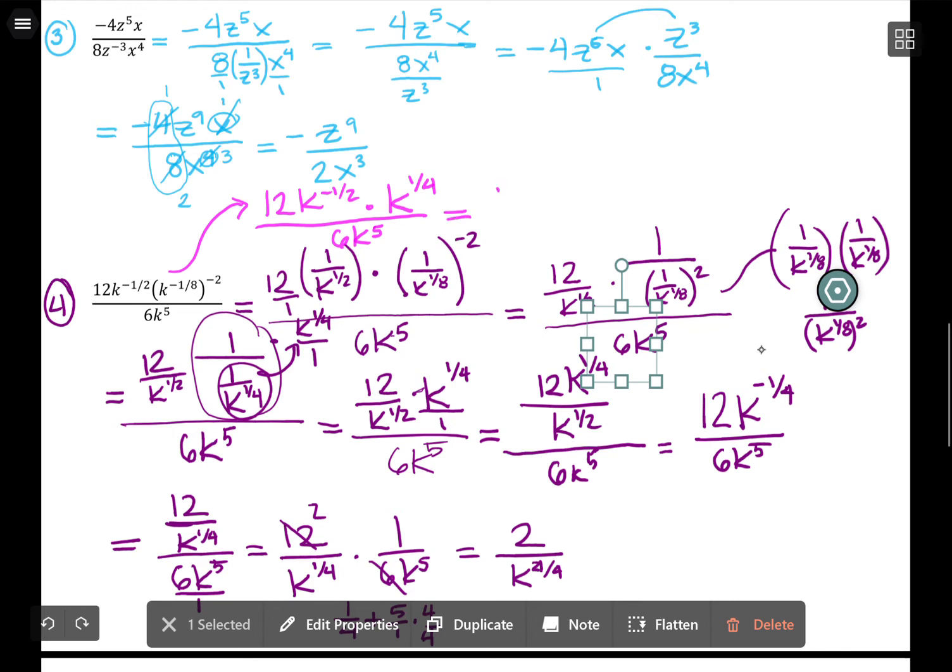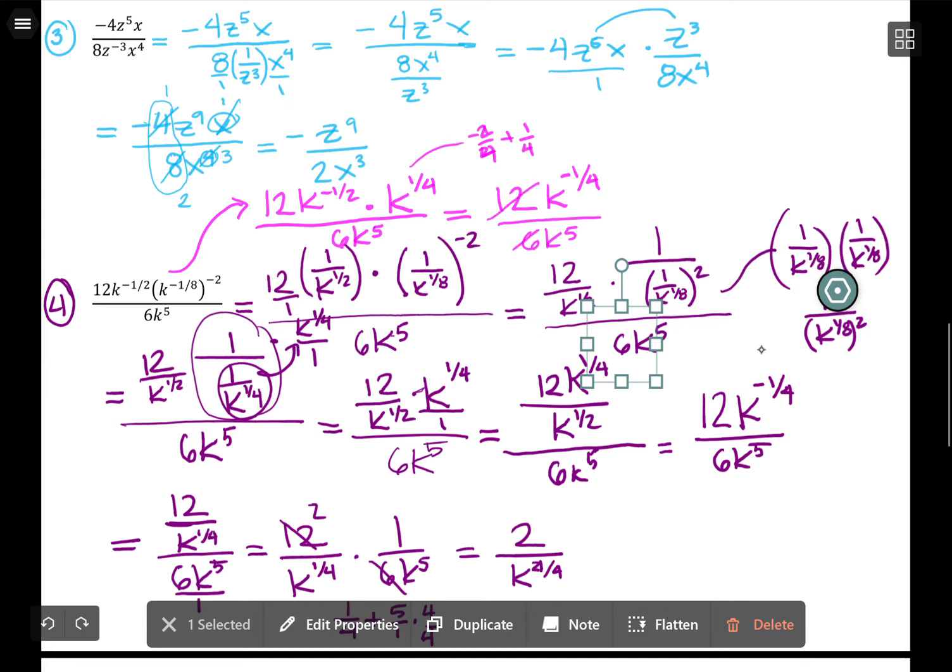If we then use the rule that says on the top you have k to the -1/2 times k to the 1/4, and you should add exponents, that's k to the -1/2 plus 1/4, which is the same thing as -2/4 plus 1/4. That should be familiar math. So this is k to the -1/4 over 6k to the 5th.